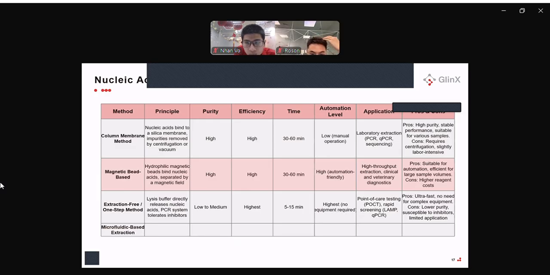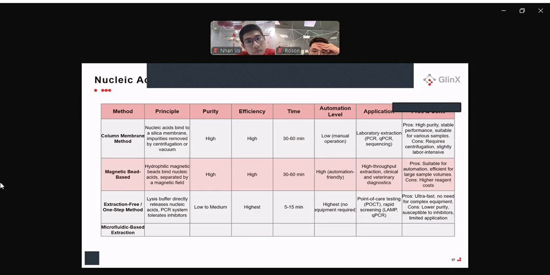So I'd like to discuss four common nucleic acid extraction methods. The first one is the column membrane method. This is one of the most widely used methods in the lab.